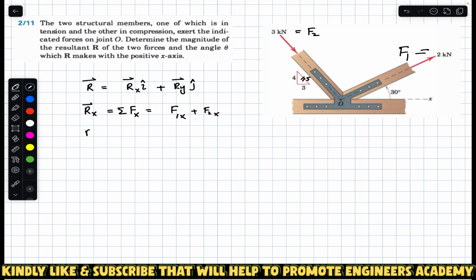And similarly, the Ry component of the resultant will be equal to the sum of the forces in the y, or the sum of the components in the y. So this will be F1y plus F2y. This is our equation 1, this is our equation 2. So we have to find F1x, F2x, F1y and F2y, and add them by vector addition.